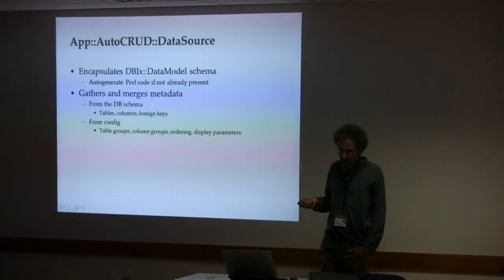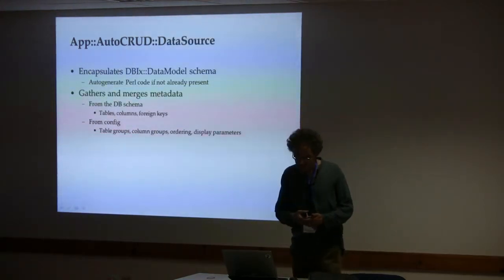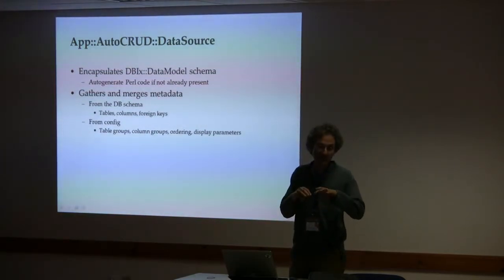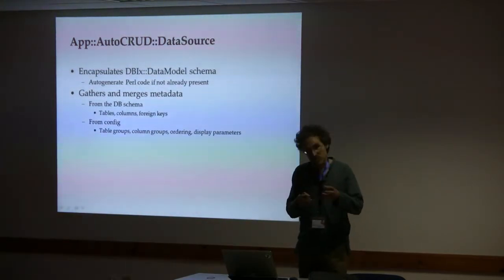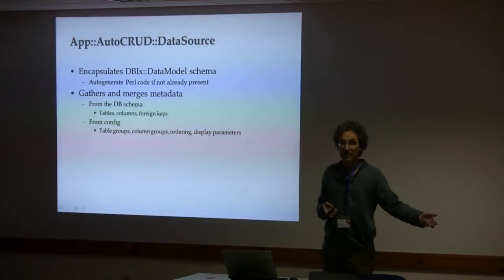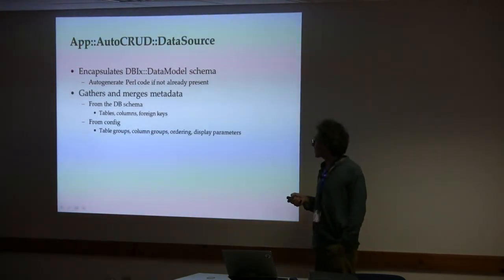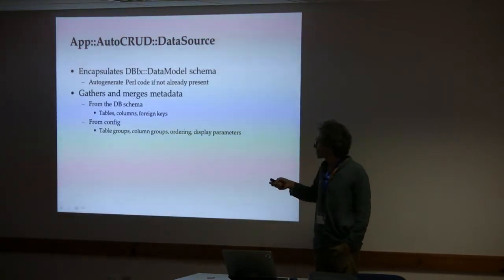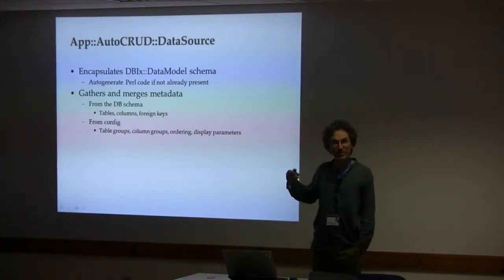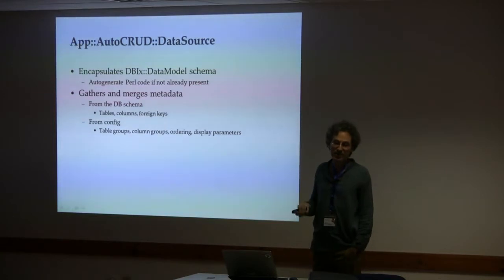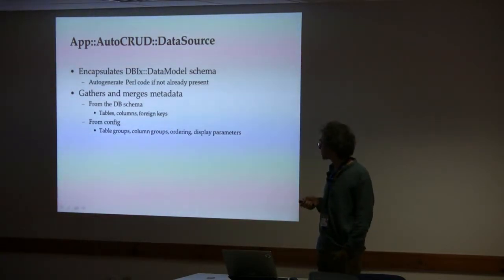That's it. Data source, well, that's the way we talk to the DBIx DataModel schema. So it will get from there the foreign keys, tables, list of columns, and so on.